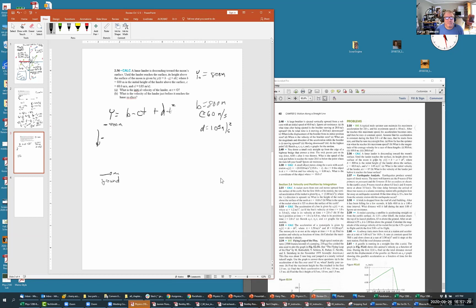It gave us the initial velocity. Not exactly. Got to be careful, right? It says until it reaches the surface, so strictly speaking we can't say that C is the initial velocity. I don't quite understand why not myself, but we might as well just make sure, huh?